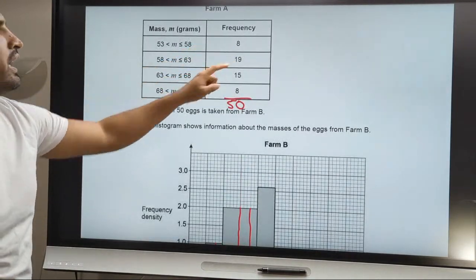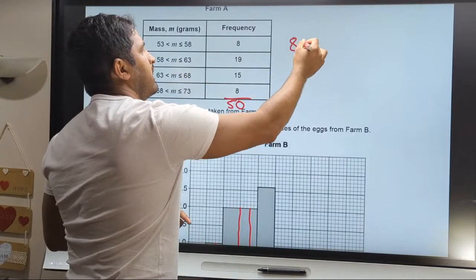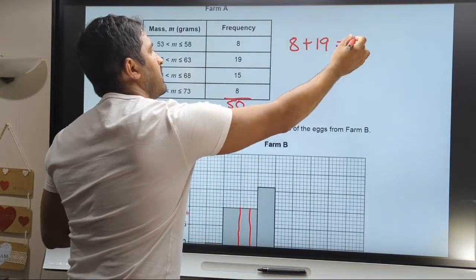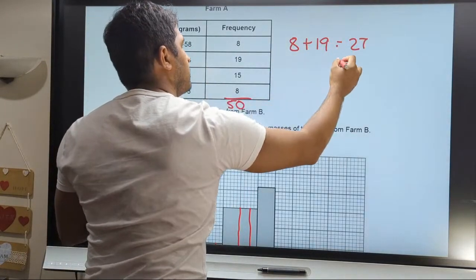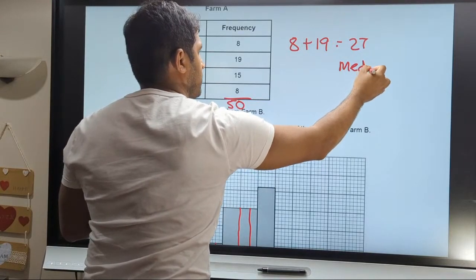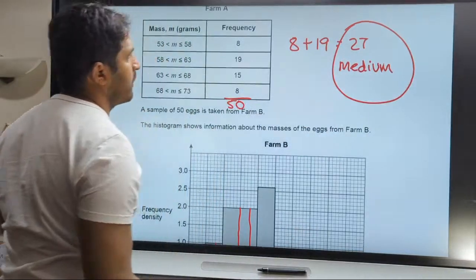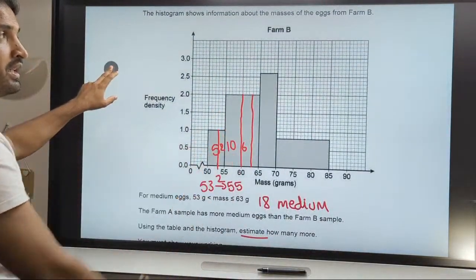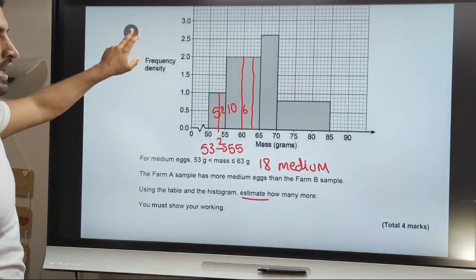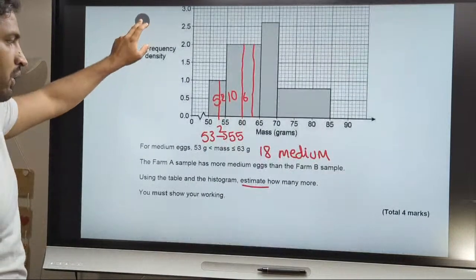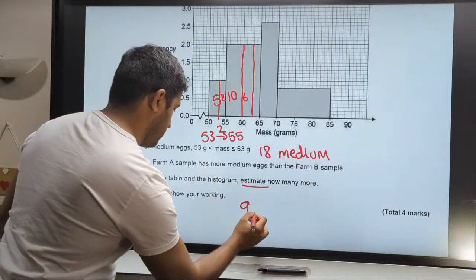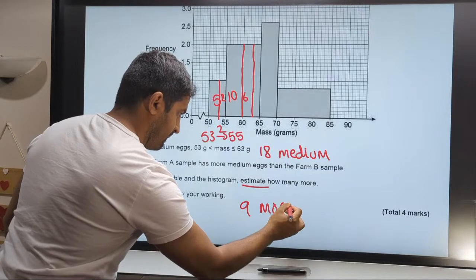So 8 and 19. So farm A has 8 plus 19, which is 27 median eggs. Because we're estimating here, 27 and 18, so roughly there are 9 more eggs for farm A.